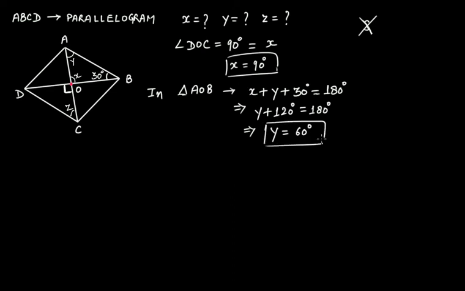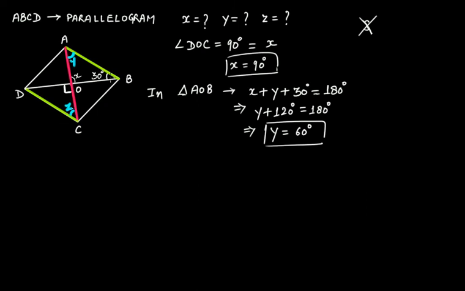So now we have the value of X and we have the value of Y, that is 90 and 60. Now if you look at this side, that is this AB side, and this opposite side, that is CD, these two are parallel sides because opposite sides are parallel, and then this diagonal will act as a transversal line, and therefore this angle Y will be equal to this angle Z. Why?